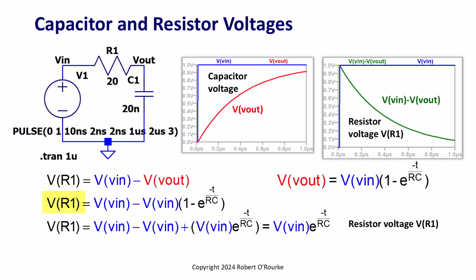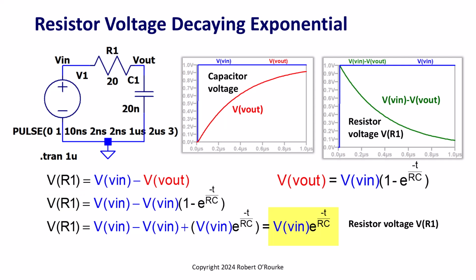Solving for resistor voltage, V sub R1, in terms of V sub in, we see that the resistor voltage in the right-hand graphic is a decaying exponential like a natural response.